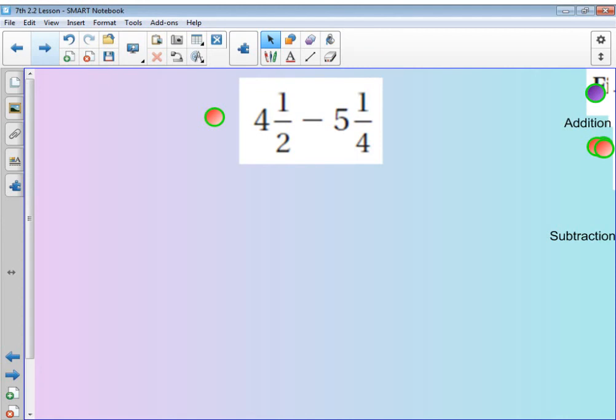Go through, pause your video, and work through this one. Remember, you either need to do common denominators or the crisscross straight across method. You should have gotten -3/4 for this answer.